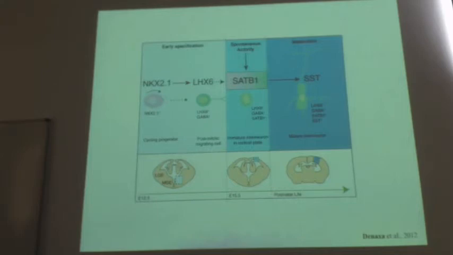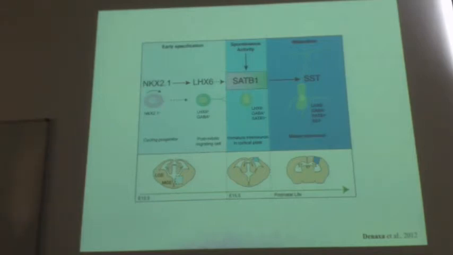So it looks like it's indirect, but what you're saying is that perhaps LHX6 drives some sort of differentiation or maturation to a certain point, which we don't really know, where spontaneous activity is sufficient to drive SATB1 expression. Yeah, together, these two at the same time, so you need both. Okay.